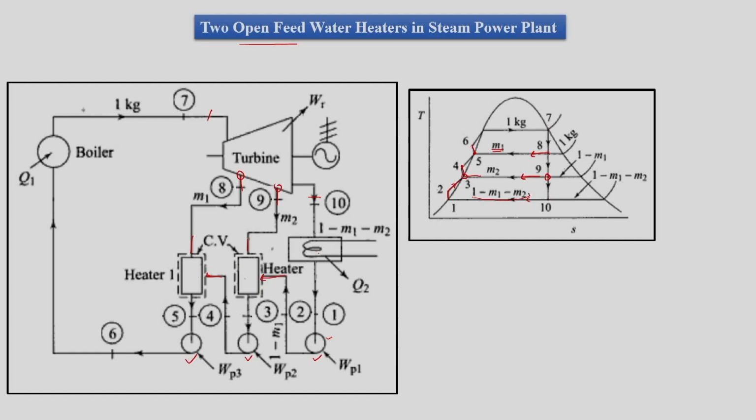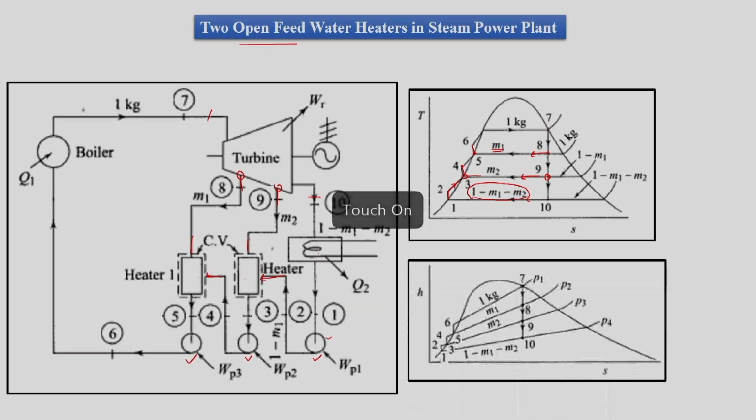So the condenser receives mass 1 minus m1 minus m2 for condensation. Practically, lesser mass enters the condenser, so lesser condensation is required. So we actually have a reduced load on the condenser when we use open feed water heaters. This is the h-s diagram for the same thing.